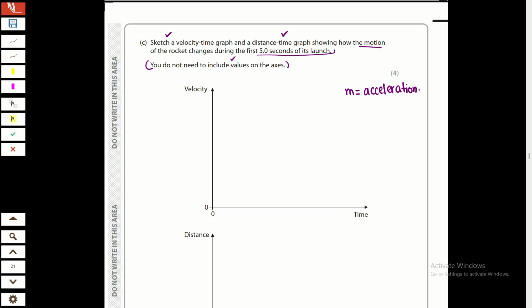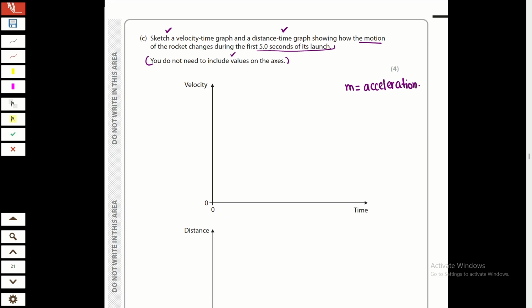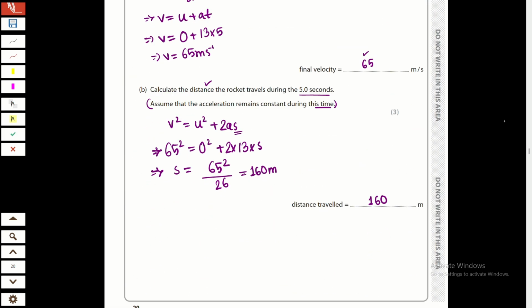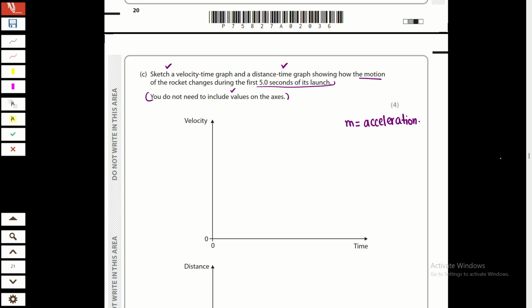So a graph where the gradient is constant is basically a straight line, and this would be a straight line passing through the origin. And since the rocket is accelerating, the gradient is positive, so the gradient of the graph should be positive as well. So the graph should look something like this.